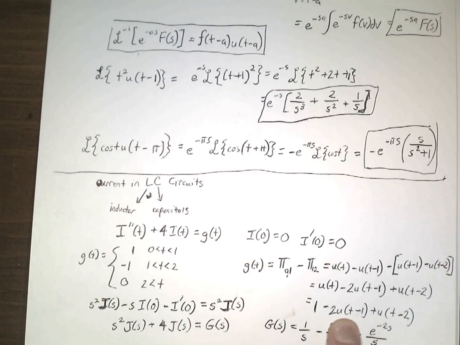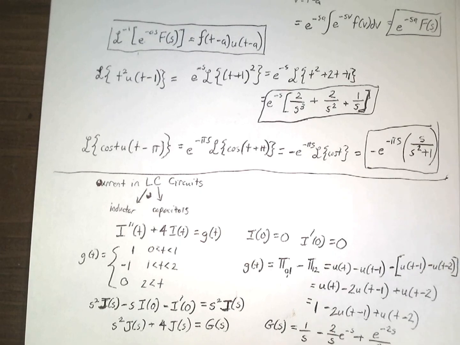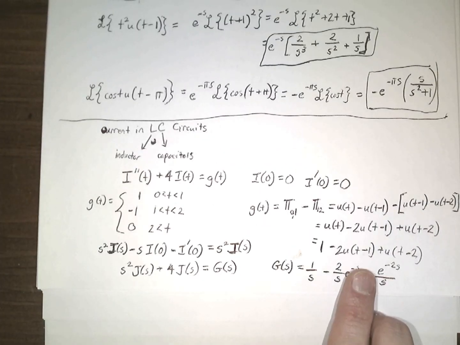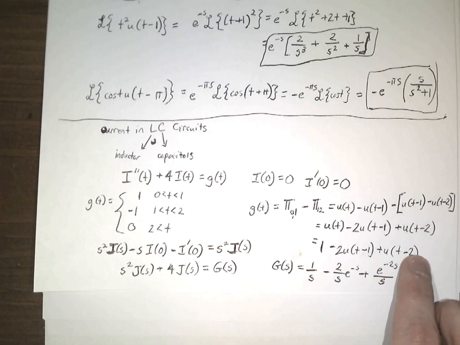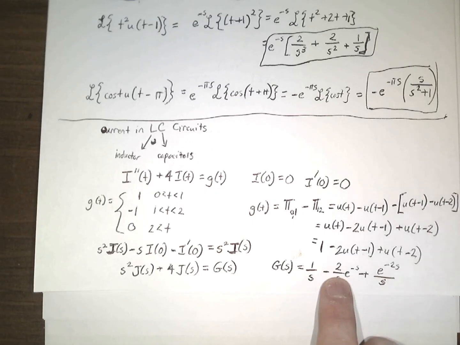So really, the functions here are just 1 over s, but because of the window function here, we pull out an e to the negative s, negative 2s here because we've shifted by 2. So we always have an e to the negative as attached to our step function.